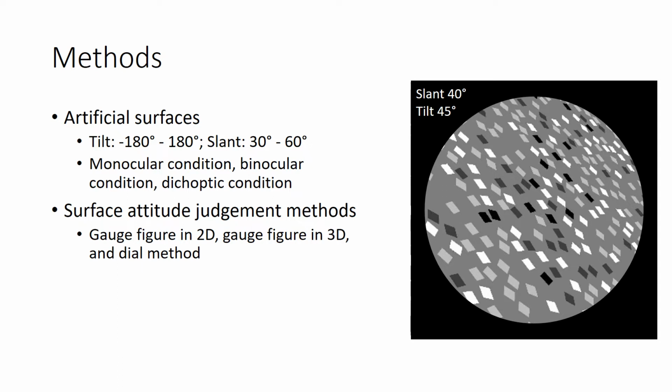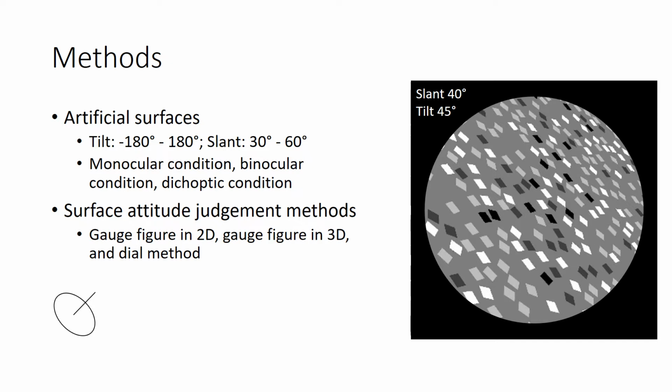We evaluated three surface attitude judgment methods in our study. We used gauge figure, which consists of a circular shape surface and a stick perpendicular to that surface. Participants were instructed to place the surface on the artificial surface. We presented this gauge figure in perspective only.